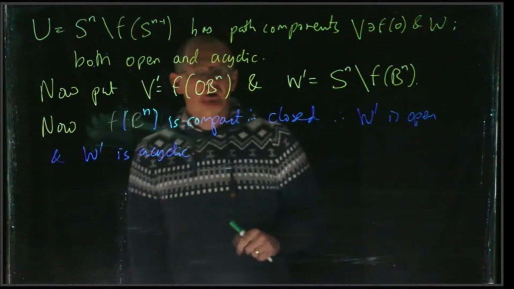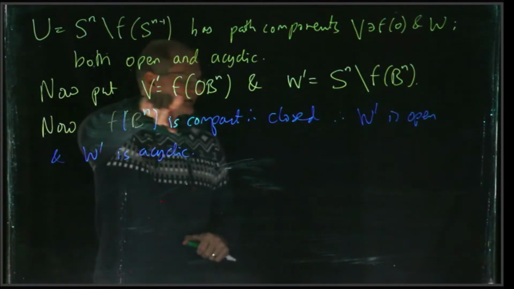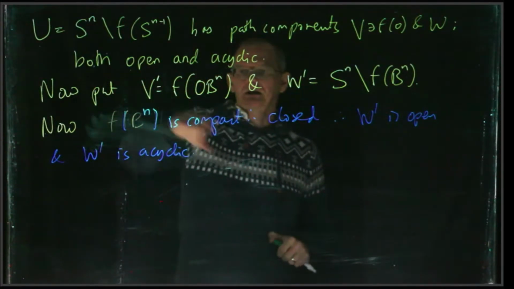And then this V prime, well, we don't know whether that's open or not. Remember, the statement of the theorem is to say that f of the open ball is open, so we need to prove that V prime is open.